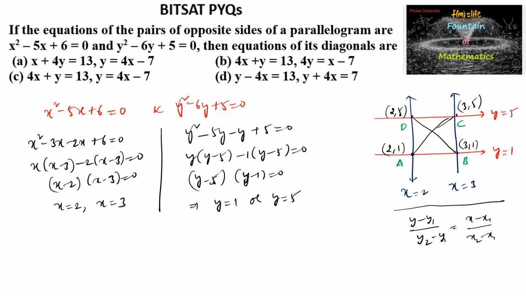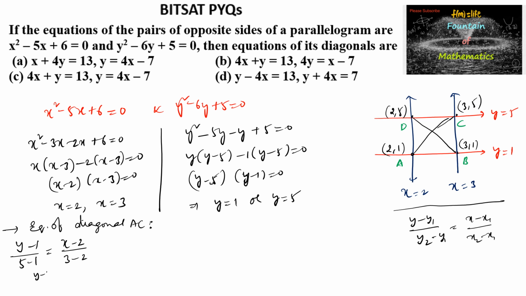So first, the equation of diagonal AC. We can write y minus y1, that is 1, upon y2 minus y1, we can write 5 minus 1, is equal to x minus x1 divided by x2 minus x1.